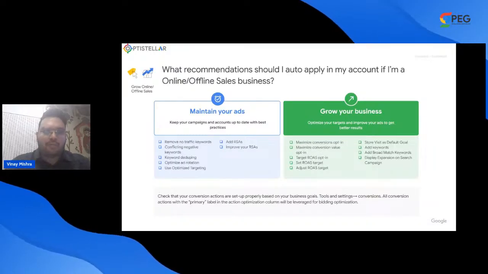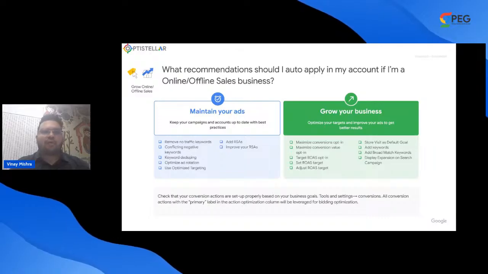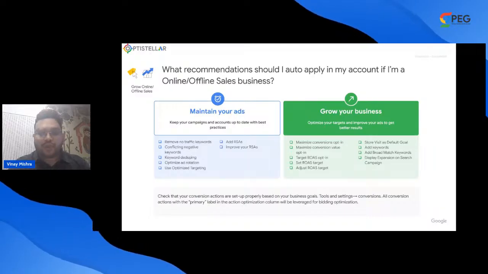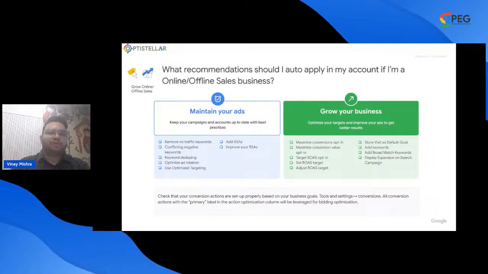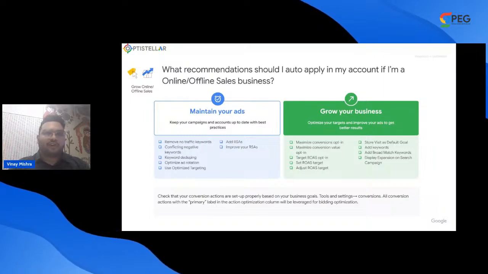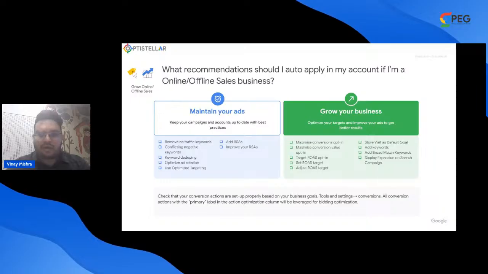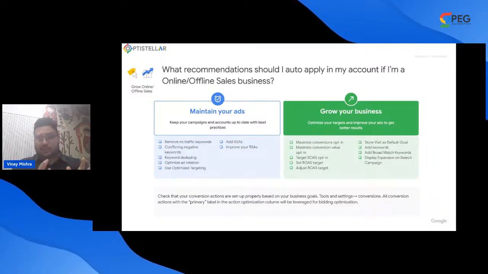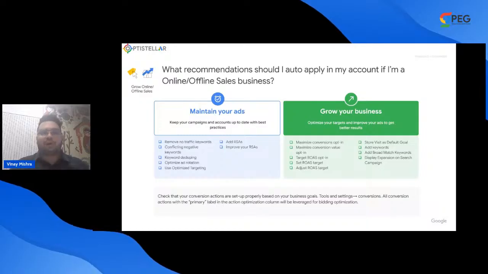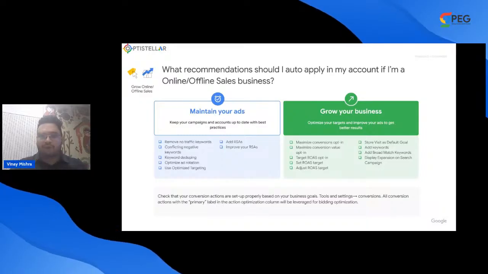Now, let's talk about what recommendations you should be focusing on when you're using auto apply and your focus is more towards online or offline sales business, right? As I've mentioned, check that your conversion actions are set up properly. It is important that they are.